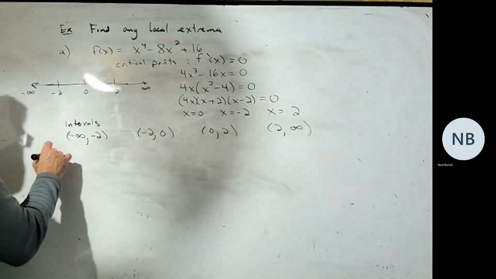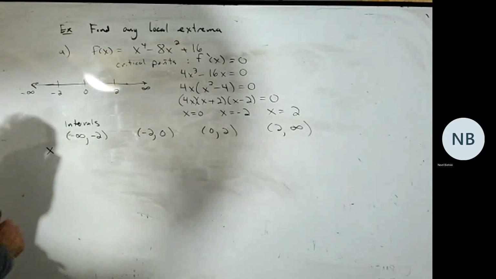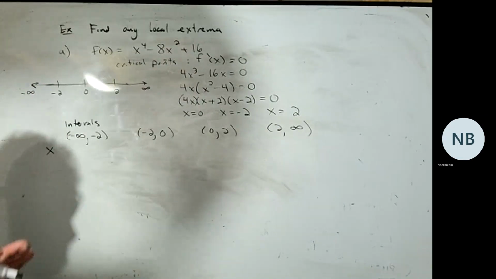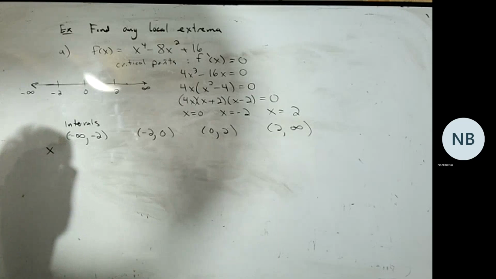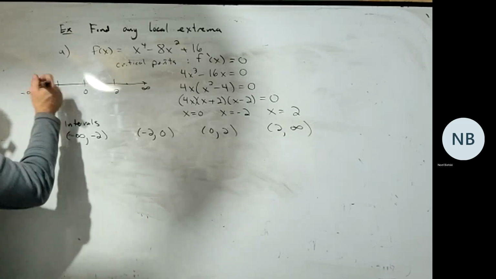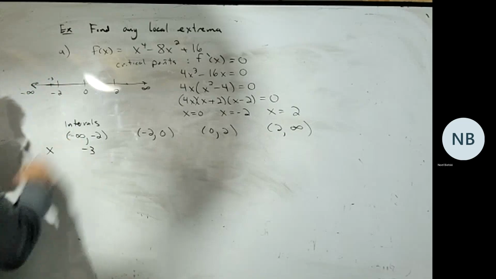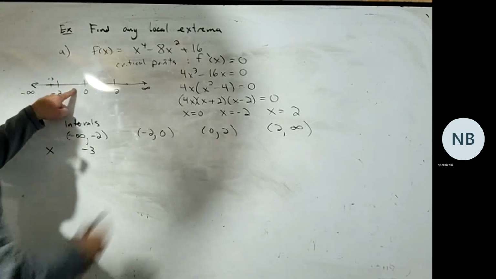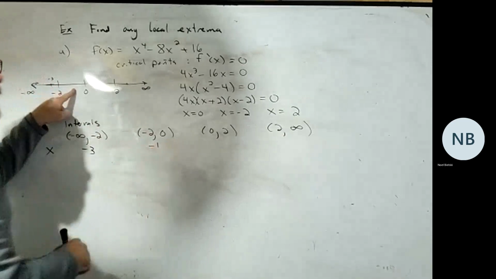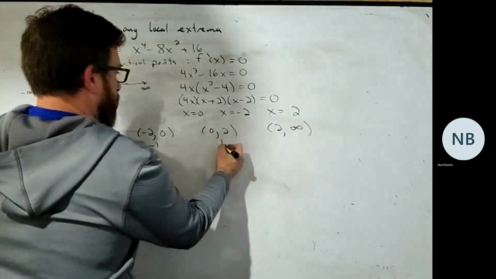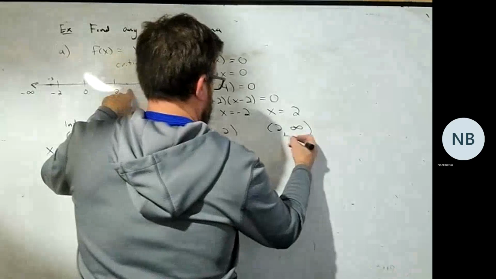So what I'm going to do is pick an x value out of these intervals. I'm going to try to pick nice numbers, but it doesn't have to be perfect. Any number that lives in here, maybe -3. So -3 lives in that interval. Here I'm going to pick -1, because 1's usually a nice number to pick. Here I'll pick +1, and here I'll pick 3.